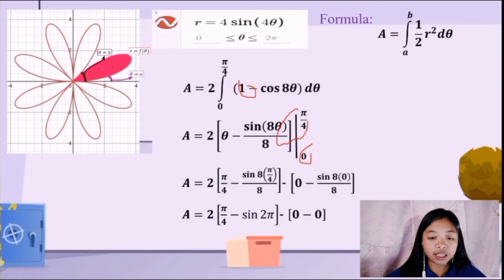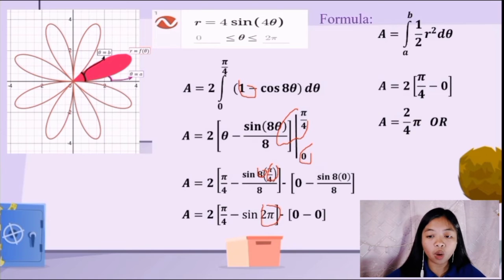And 8 times pi over 4 becomes 2 pi, and sine of 2 pi is simply 0. So our area now will become 2 times pi over 4 minus 0, so it simply becomes 2 over 4 pi, or 1/2 pi.